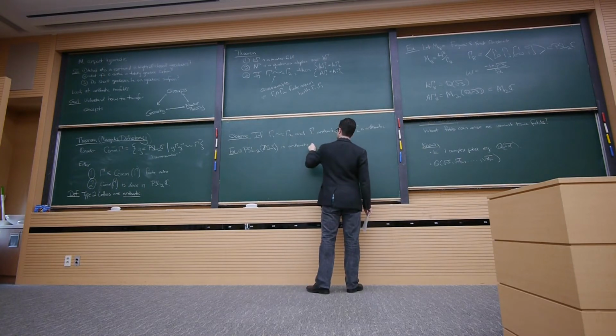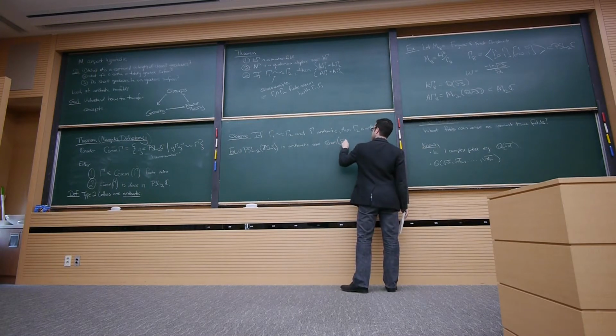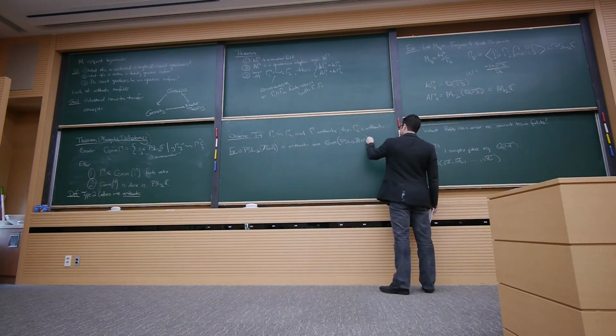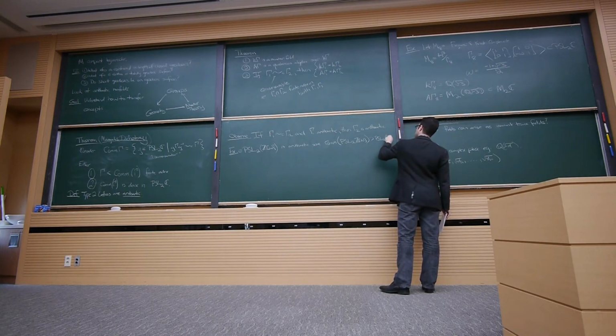since you can see the commensurator, at the very least, the commensurator of this thing should at least contain PSL2 Q adjoining square root of negative 3.